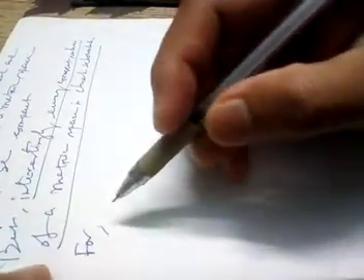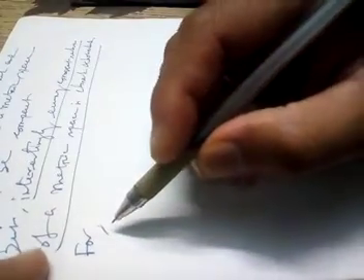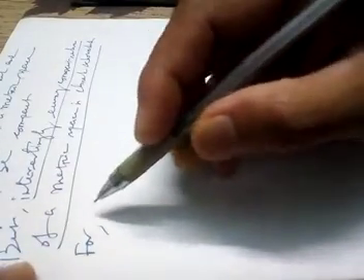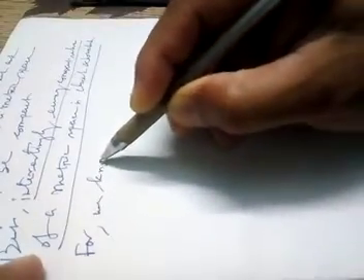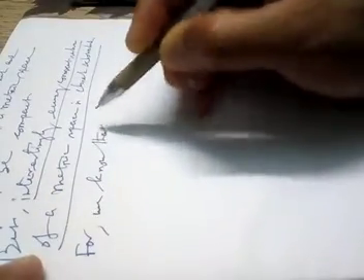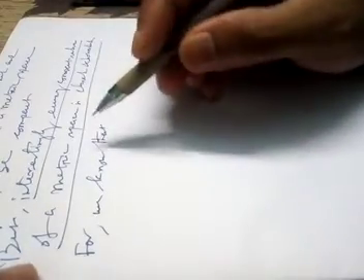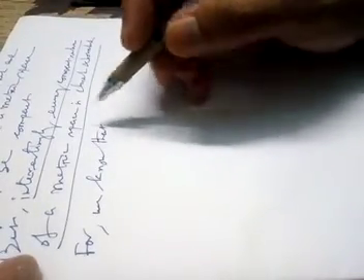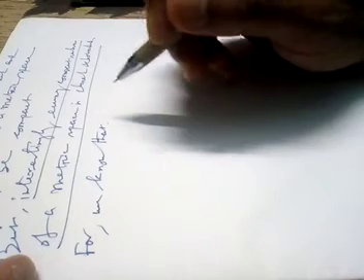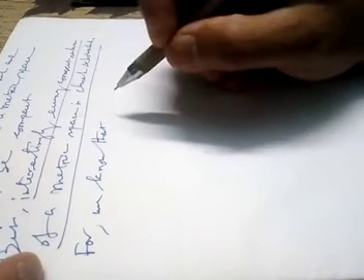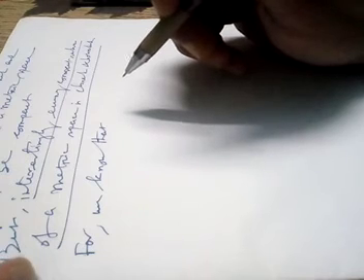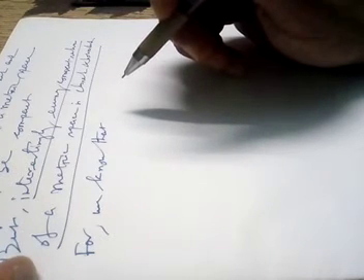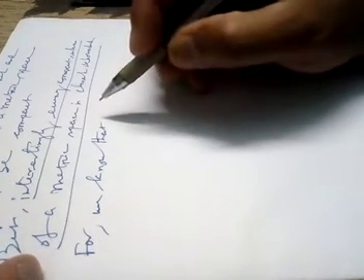First of all, let me prove the closedness. We know that we have proved in some class that every compact subset of a T2 space, a compact subset of a Hausdorff space, is closed. We have proved, no?